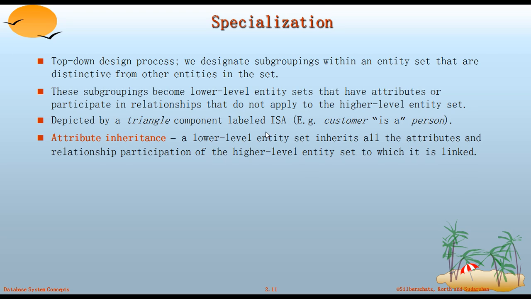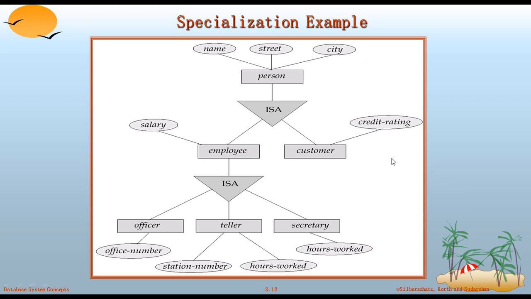And then attribute inheritance: a lower-level entity set inherits all the attributes and relationship participation of the higher-level entity set to which it is linked. So here is an example of specialization. We are having the higher-level entity person, with attributes name, street, city. So here the specialization is employee.